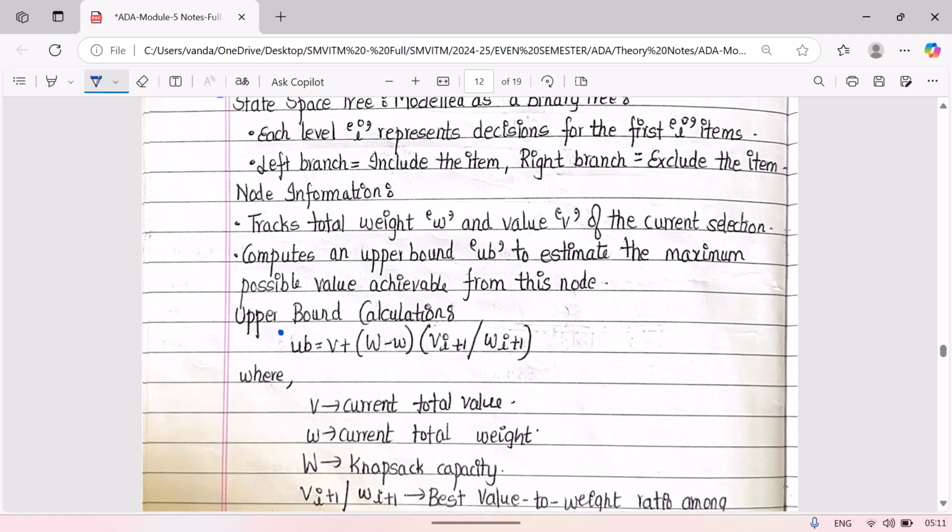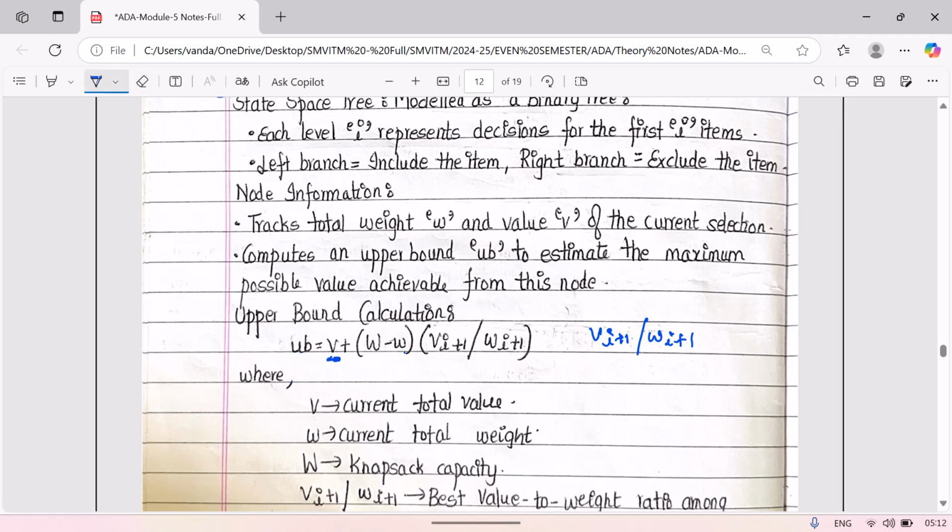And this formula is very important. You will find the upper bound. The upper bound is the value plus the remaining capacity of the knapsack times the ratio Vi plus 1 over Wi plus 1. See, I have taken the initial value as V, but here I have taken Vi plus 1.